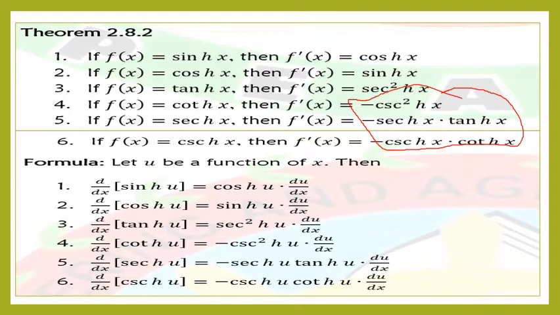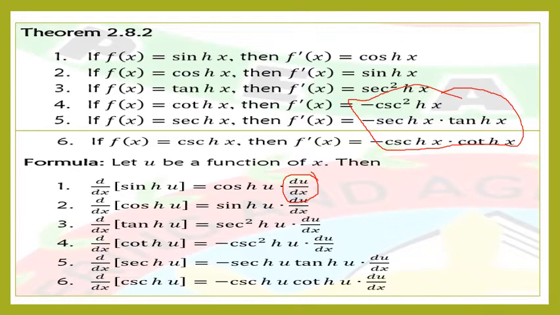Okay. So, ang formula na gagamitin natin sa mga examples is ito siya. Let u be a function of x. Then, ang derivative ni hyperbolic sine of u is equal to the hyperbolic cosine of u times derivative of u with respect to x. Basta always sa formula, lagi nating kasama ang derivative ng u. Parang inverse sa trigonometric function, di ba?